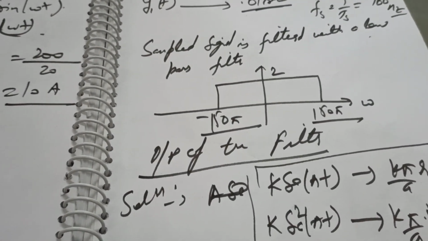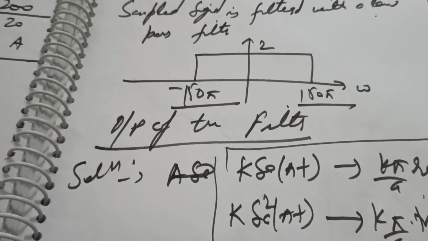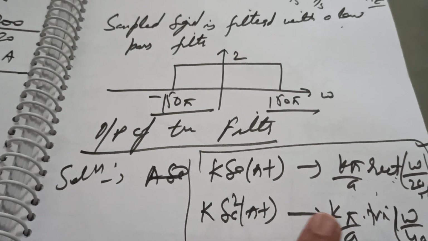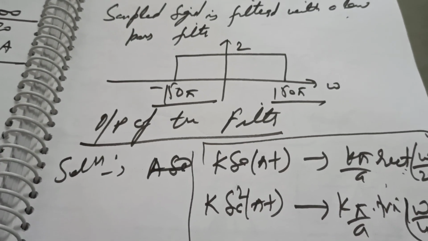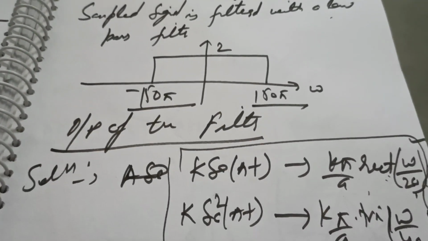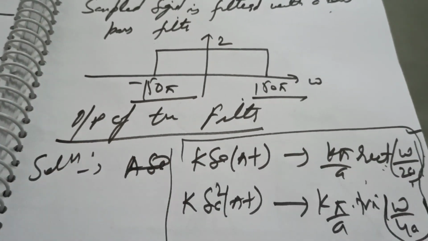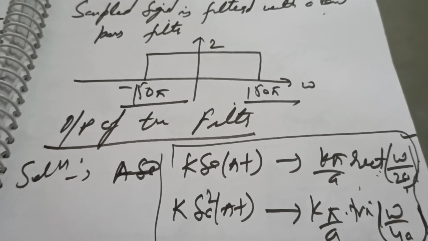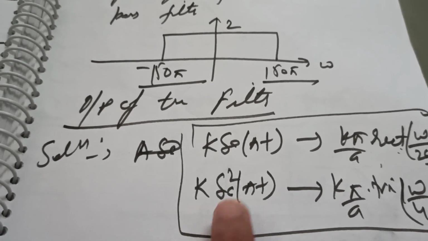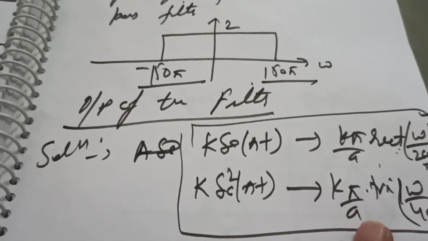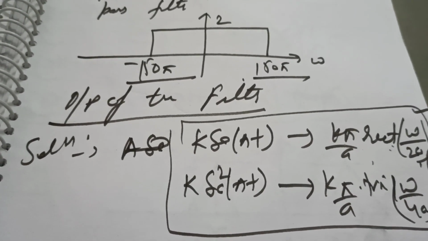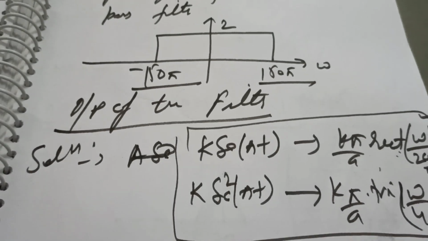First of all, I would like to have your attention on the basic formulas. K sampling AT is nothing but k pi by a rectangular omega upon 2a, where 2a is the width of the rectangular pulse and pi by a is the amplitude. Again, k sampling square AT we can write as k pi by a triangular omega upon 4a.